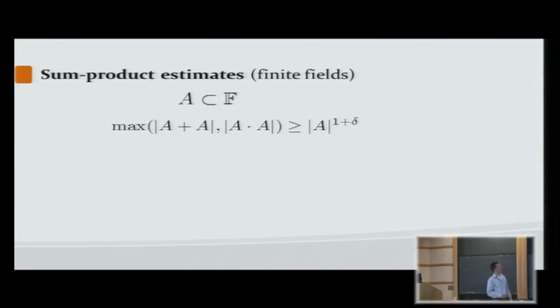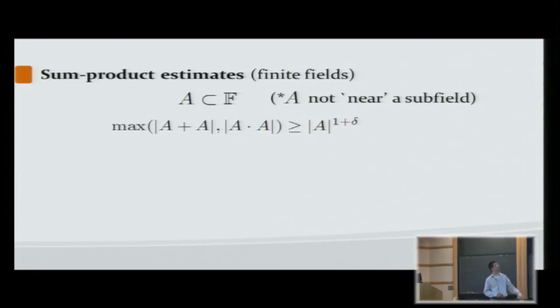Right, and so the question naturally comes up whether or not you can do the same thing in a finite field, and so you need to be a little bit more careful, because if A is the entire field, or more non-trivially a subfield, then these things will always be equal, because sums inside a subfield are closed, and products in a subfield are closed.